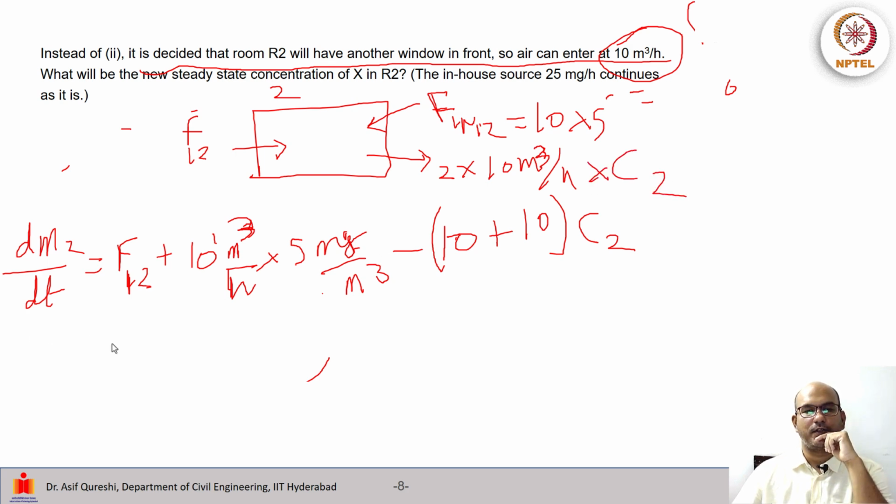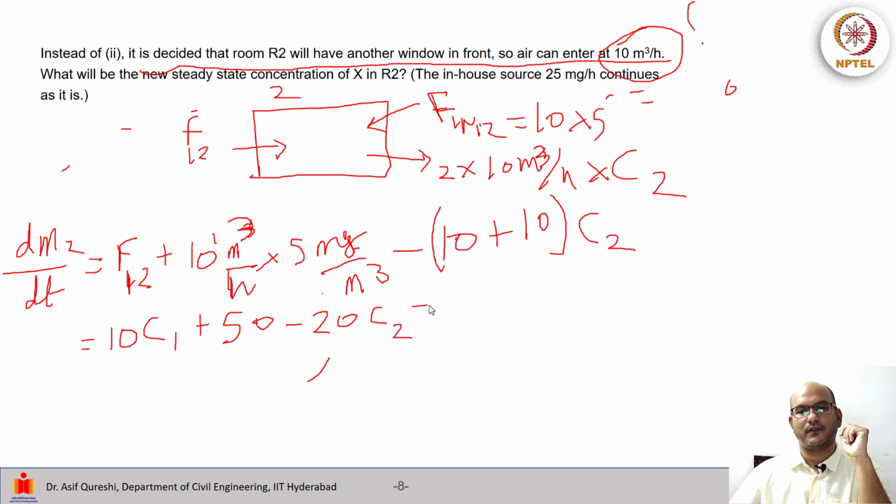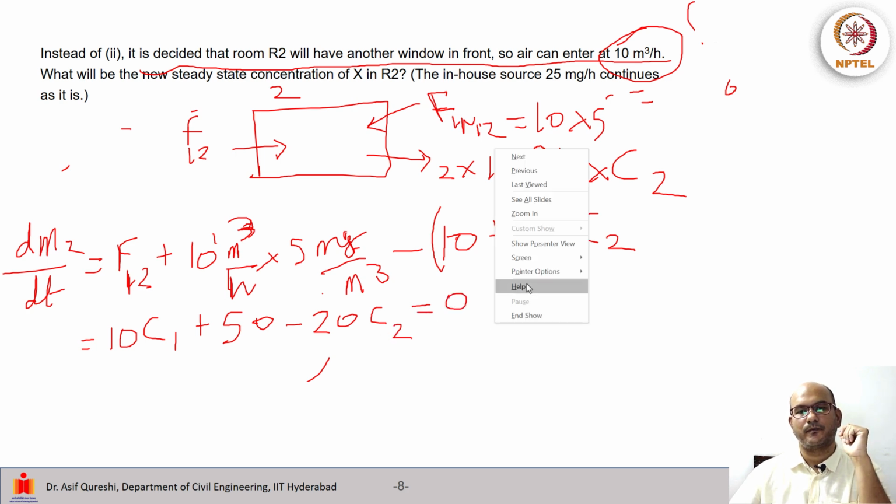So we have F12, which is basically 10 times C1, then this is 50, minus 20 C2. 10 times C1 is 75. This is equal to 0.